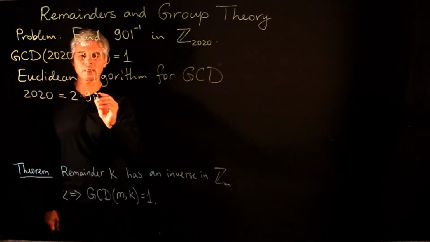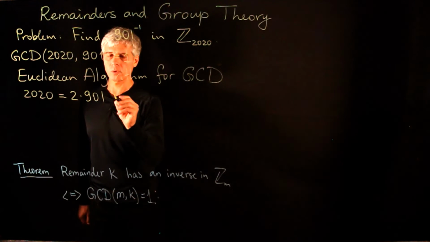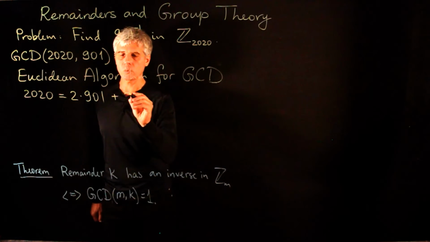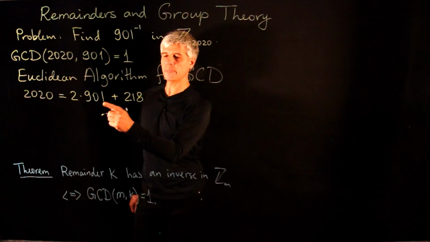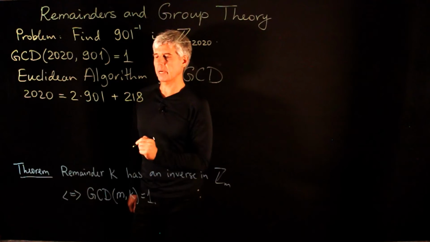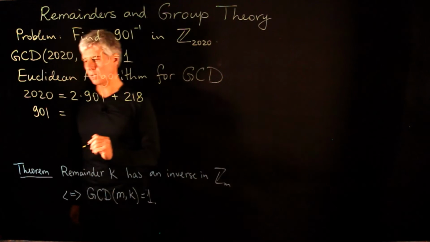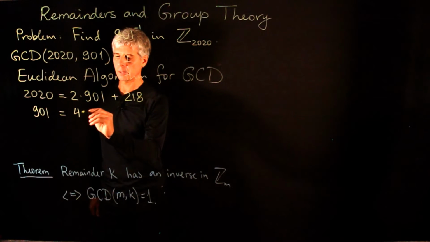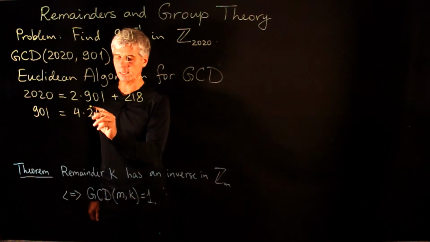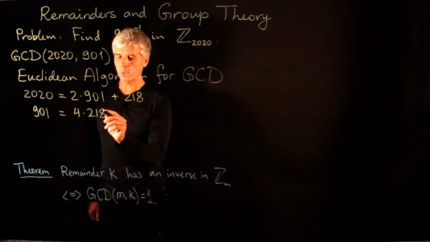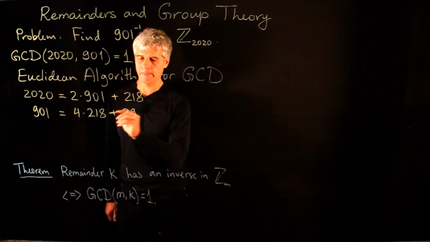This is 2 times 901, which is 1802, so the remainder is 218. Then we take 901 and divide it by 218 with the remainder. So 901 is equal to 4 times 218, which is 872, plus 29.